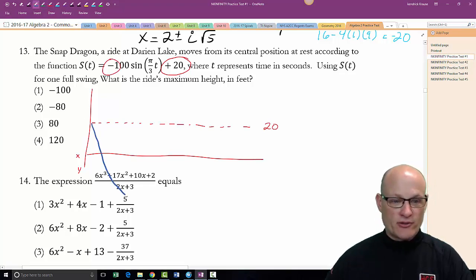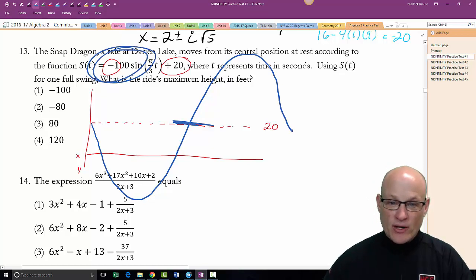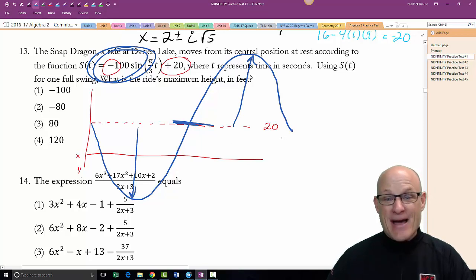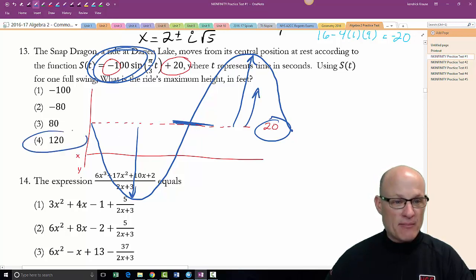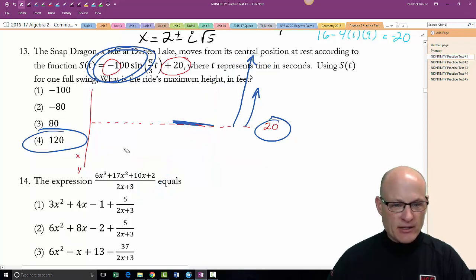I'm going to go down 100, and then it's going to go up 100 and back down. Well, if this is 20, and this is my amplitude, it's going up 100 and down 100. That means my maximum height is starting at 20 and going up 100 feet. So it looks like 120 is my maximum.